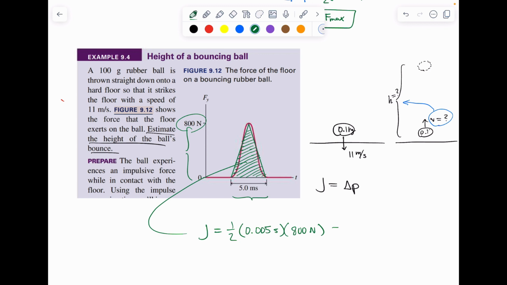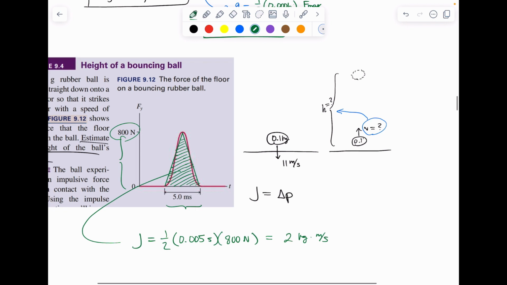Cool. And that's going to give me an impulse of 0.005 times 800 divided by 2. It's going to give me 2 kilograms times meters per second. I know we have newtons, but remember, newtons times seconds is the same as kilograms times meters per second. Awesome.